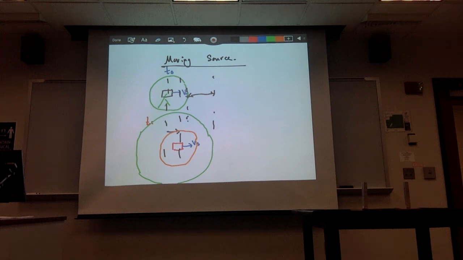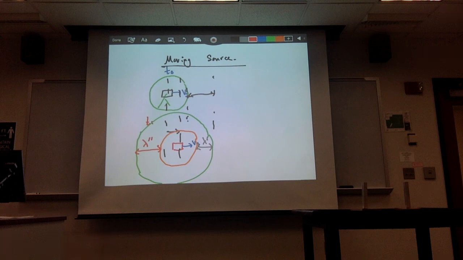Which means that this distance here, which we draw in gray, is going to be what we call the apparent wavelength, lambda prime, for an observer on the front side. For an observer on the back side, he's going to be looking at a longer wavelength, which I'm going to call lambda double prime.